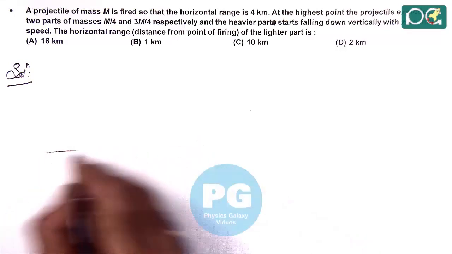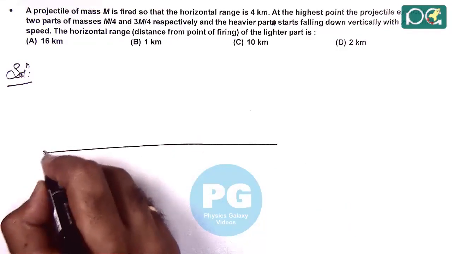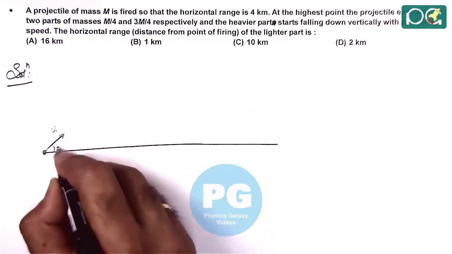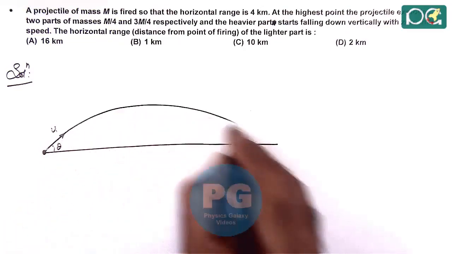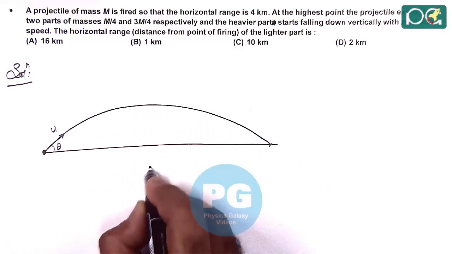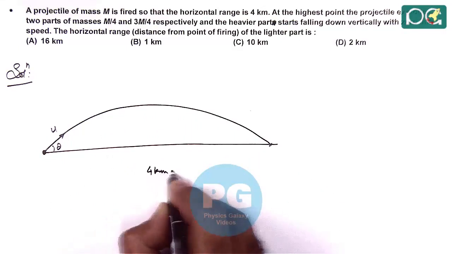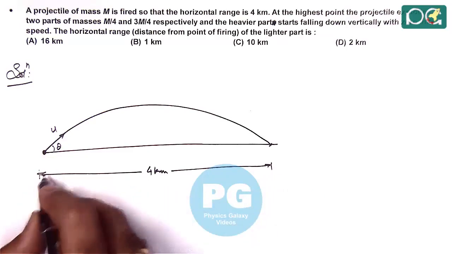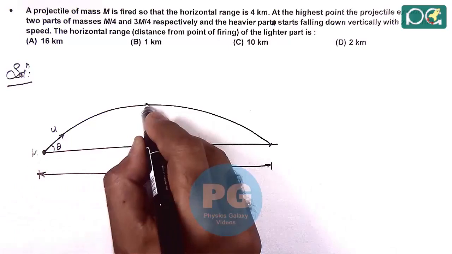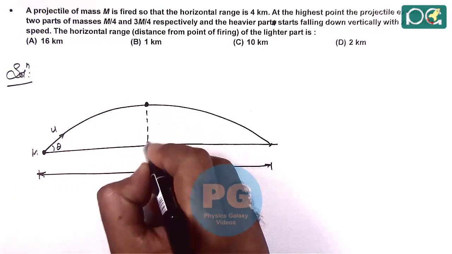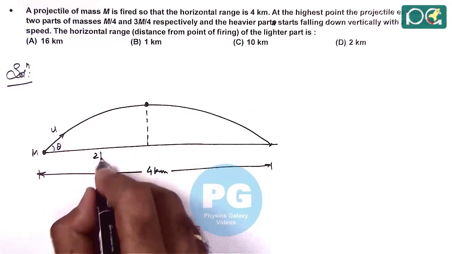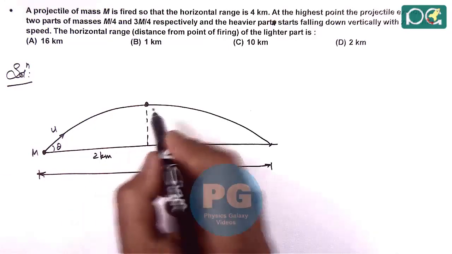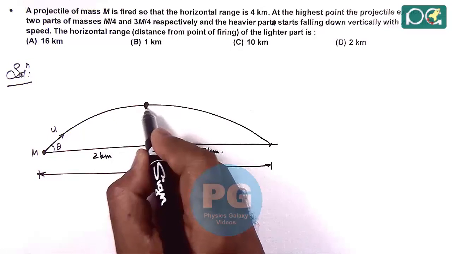So here we can see if there is a projectile which was fired with a speed u at some angle theta such that its range is 4 kilometers. Now in this situation, the mass m at the topmost point, which is exactly midway between this 2 kilometers and this also 2 kilometers, explodes in two parts.